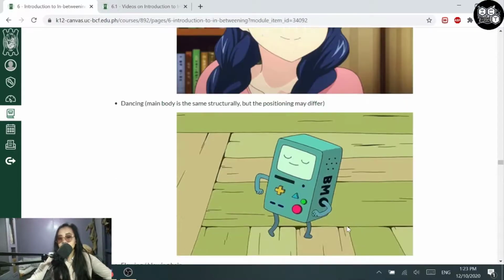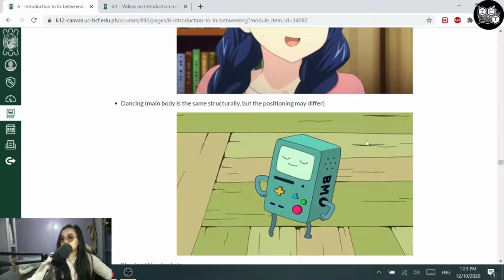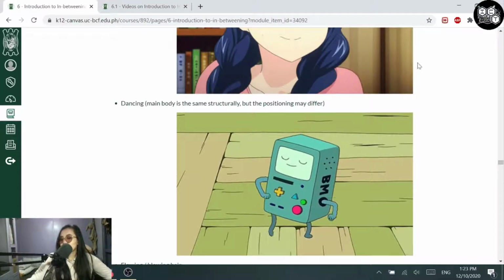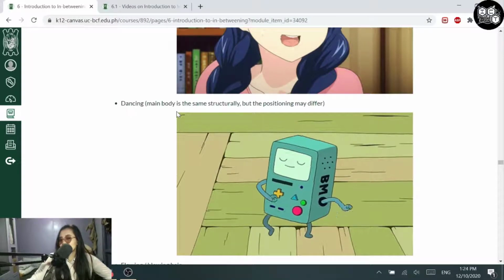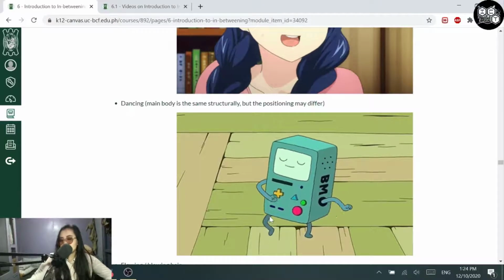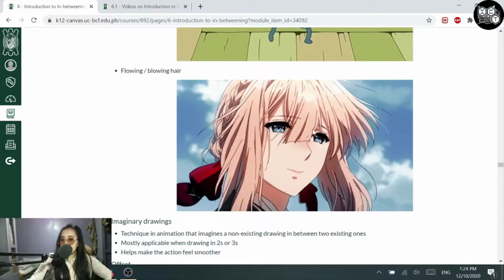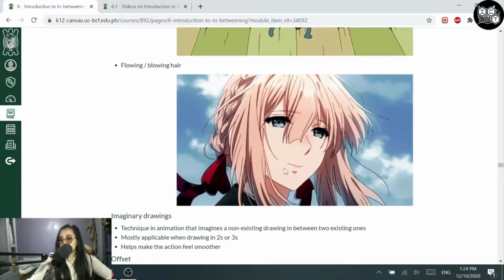For dancing, like less fluid types of dancing, you can just create separation. You can isolate the limbs, while the main torso stays the same. Another one is for flowing or blowing hair. You can make the face separate, whereas everything else for the hair tends to move.